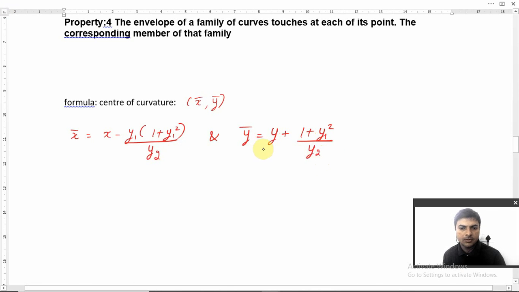These are the two formulas you should remember, students, to simplify the center of curvature. After that, we will continue with the evolute.